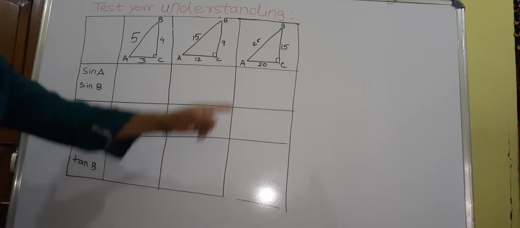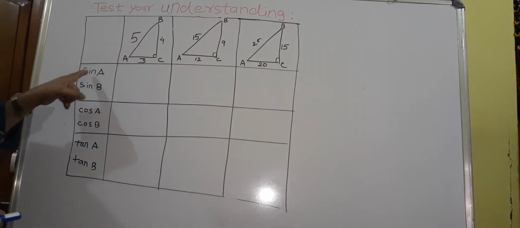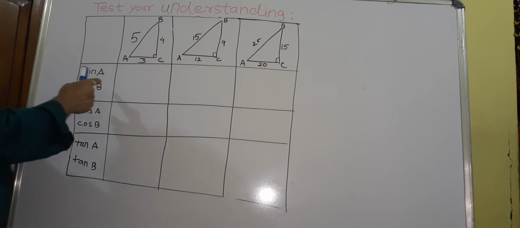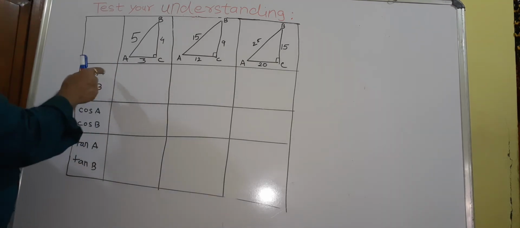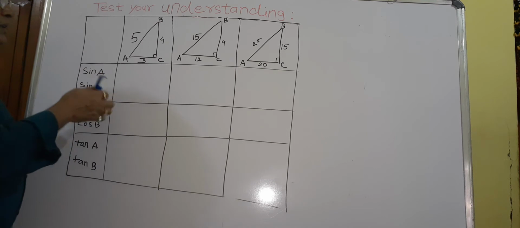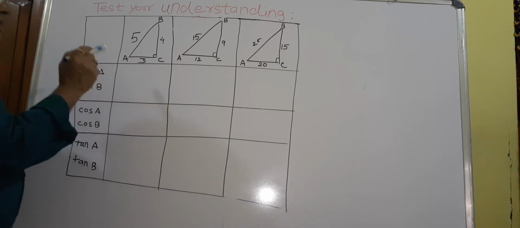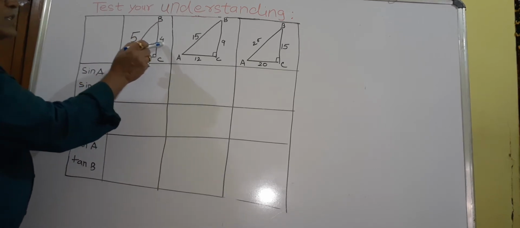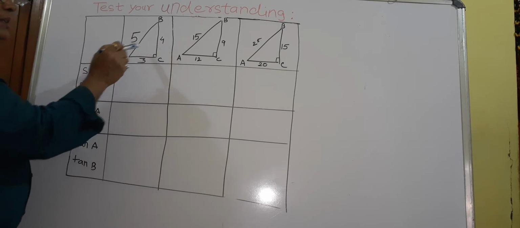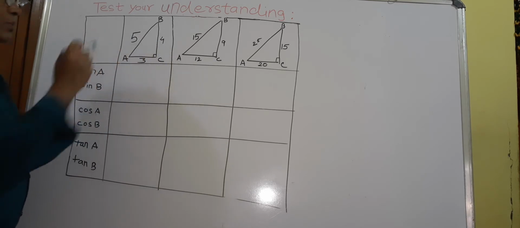So here one table is there. For example, sine A, we have to fill this box. Sine A for angle A is P by H. So for angle A, P is 4, so P by H you will get 4 by 5.